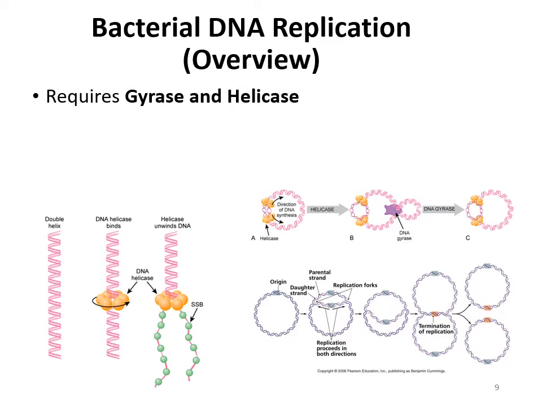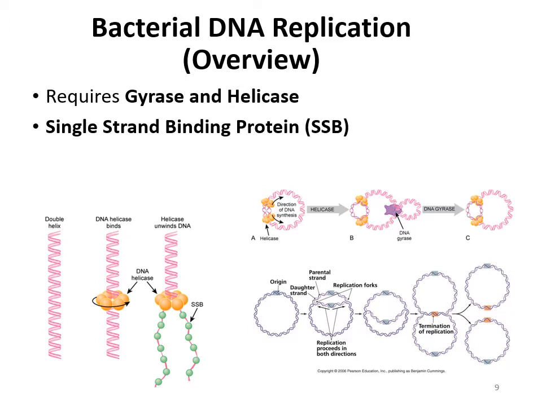Now, when you have those double strands separated into single strands, any single nucleotide or nucleic acid basically is very single and clingy and very much wants to find its partner. So what happens is, if you don't do something to prevent it, those single strands would stick right back together.